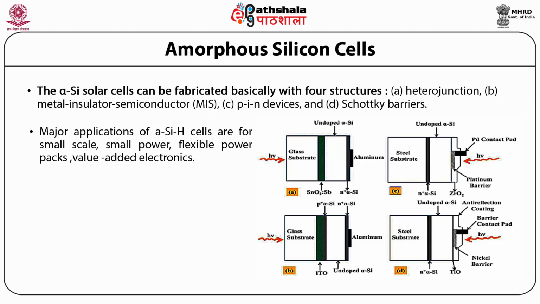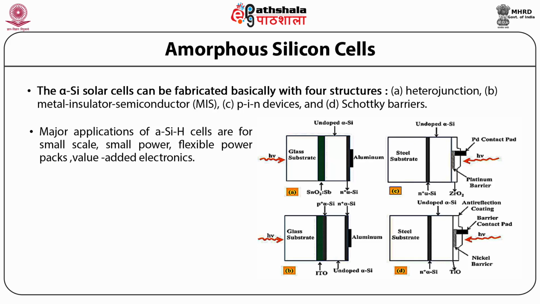An alpha SiH Schottky barrier solar cell was first reported in 1977 with a conversion efficiency of 5.5. Later, in 1978, a group of scientists at Osaka University, Japan, fabricated the alpha silicon solar cell by producing a heterojunction solar cell with a construction of ITO PIN stainless steel with an efficiency of 4.5%.